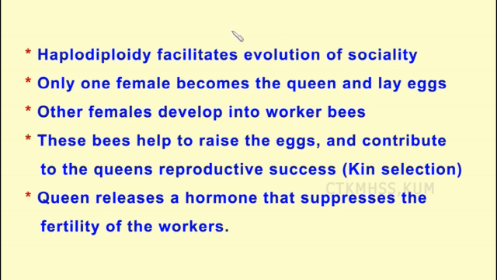This haplodiploidy facilitates evolution of sociality. This mode of sex determination is very important for the evolution of sociality, in which only one diploid female becomes a queen and lays the eggs for the colony. In a colony, only one queen will be there, and the remaining are workers and drones. All other females, which are diploid and developed from fertilized eggs, help to raise the queen's eggs and so contribute to the queen's reproductive success and indirectly to their own.